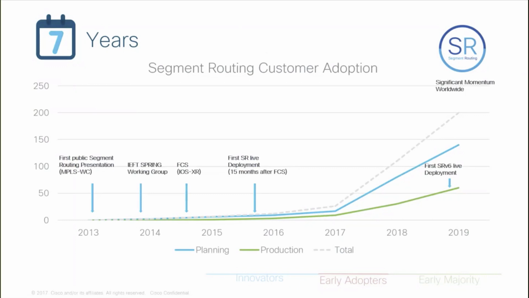SR is also a reality not only for IOS XR, but it's also in IOS XE and in NX-OS. Currently, we're tracking over 200 customers where SR is deployed in field trials, in lab trials, or architectural commitments. And if you look at the right-hand side of the slide, we have some of the first SRv6 live deployments. So we'll leave that for another topic.